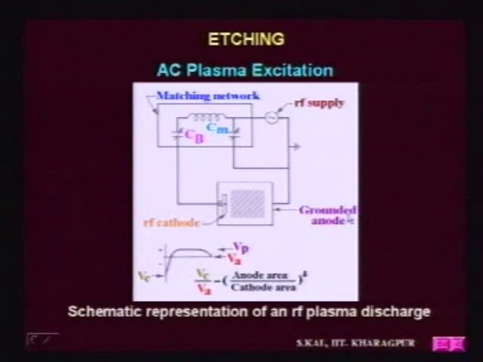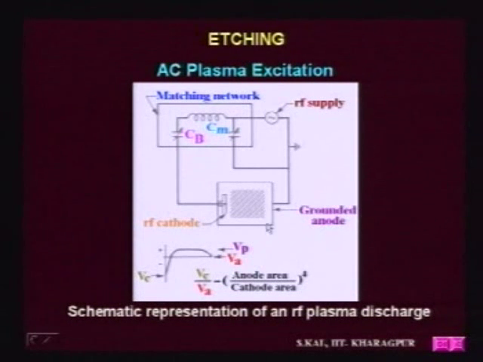Here also, the ground is the anode, because the whole chamber is grounded. So that means the anode area will be large compared to the cathode area. The cathode is only this small electrode, and the whole chamber is the anode.